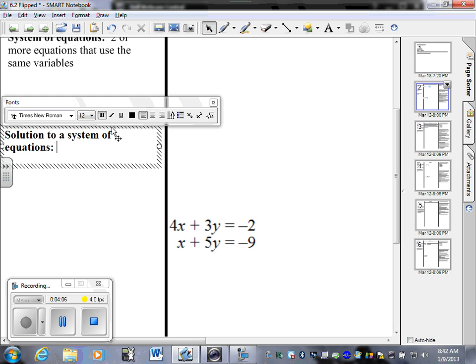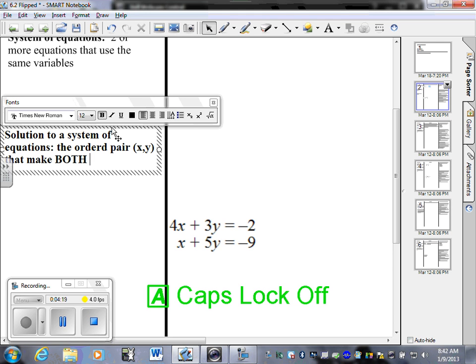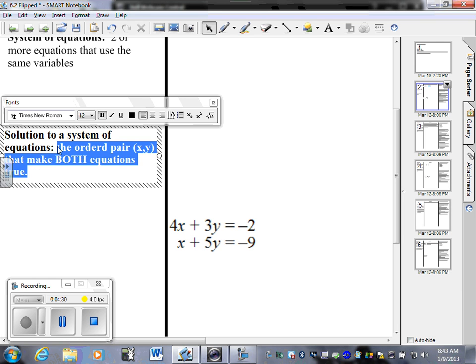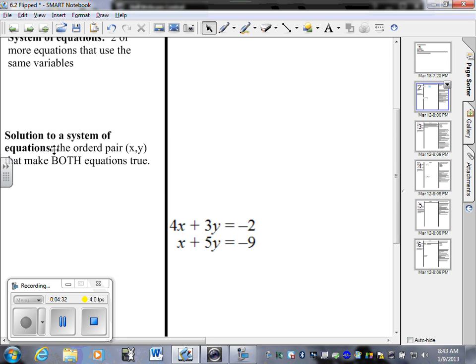What we're really looking for is the ordered pair of x, y values that make both, make that all caps, both equations true. The solution to a system is the ordered pair of the x and y values that make both equations true.